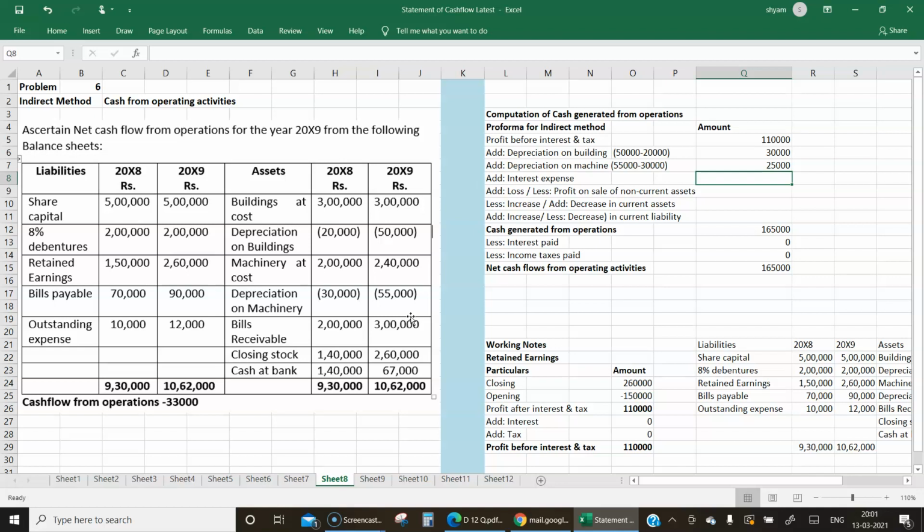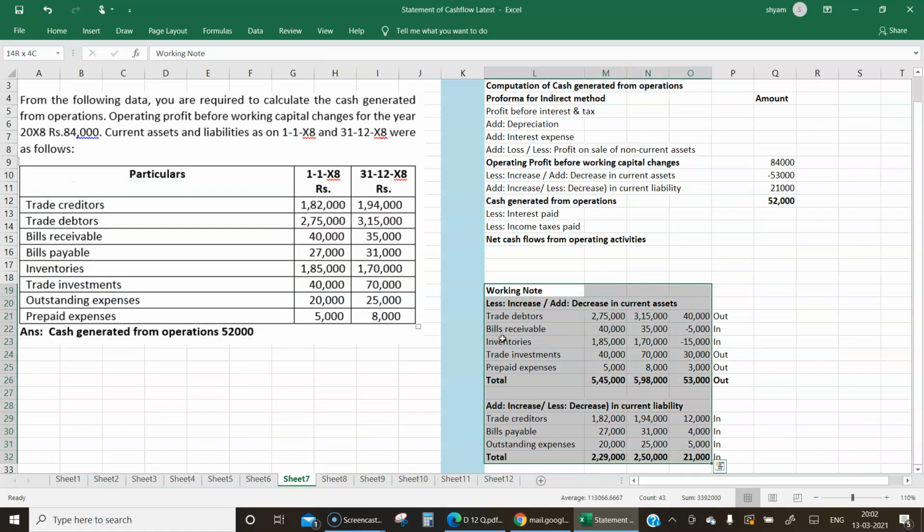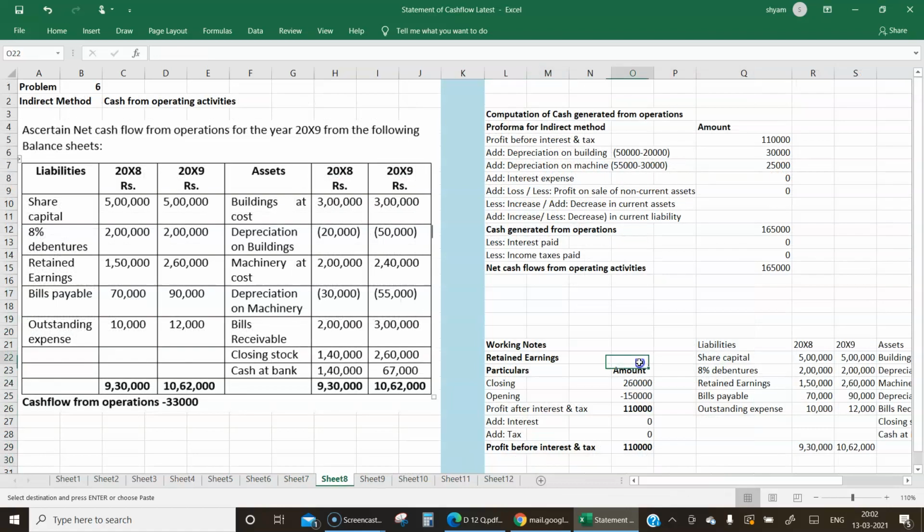We don't have profit on sale and all. We have these numbers. Okay, we have to adjust for the reduction or addition in current asset and current liability. So to do that, we will take the format we did in last sum. And we'll do it.